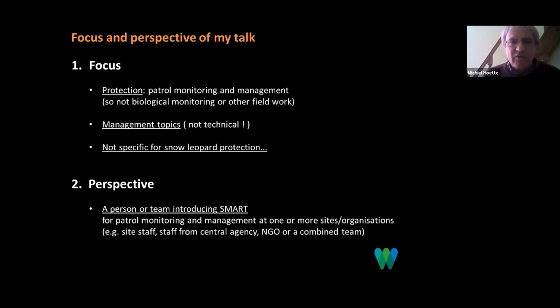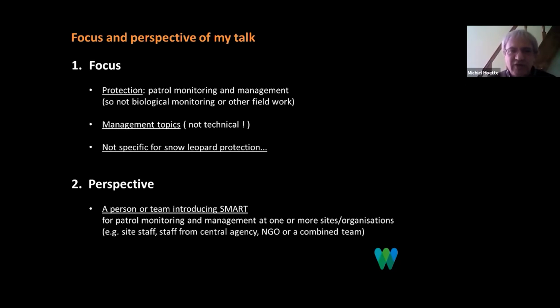I will focus on using SMART for protection, for patrol management, so not so much on biological monitoring, which is a topic that will be covered in the next session. My perspective will be management. I will not go into any technical details, and will not show how the SMART computer tool works.